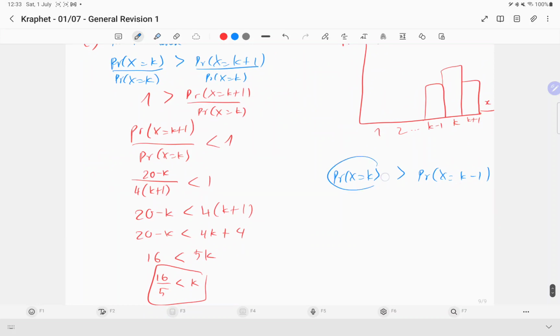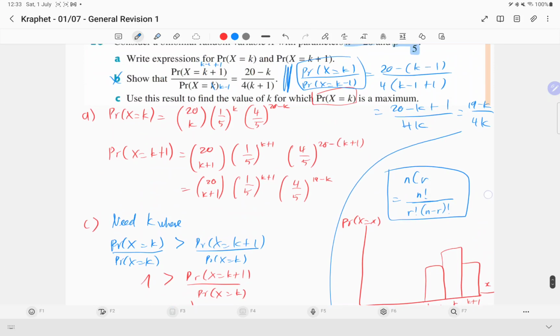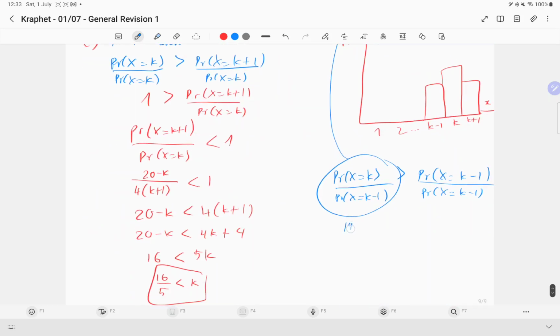So we need this one on top, so we divide both sides by P(X=K minus 1). Then I've got this one which is linked to the formula here: 19 minus K over 4K is more than 1.